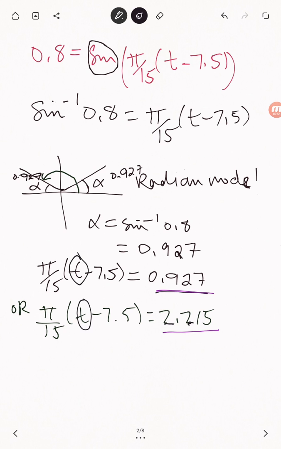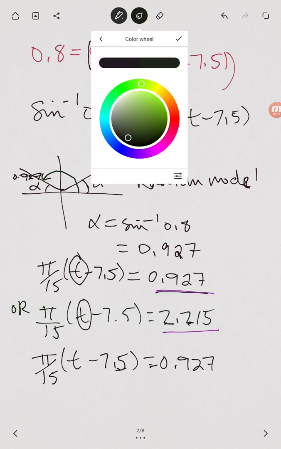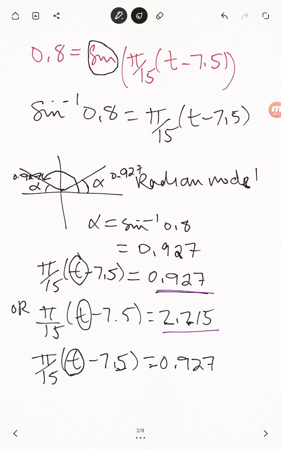So starting with the first one, pi over 15 times t minus 7.5 equals 0.927. Again, we need to undo everything that is being done to t from the outside in. Okay, we want to isolate t.